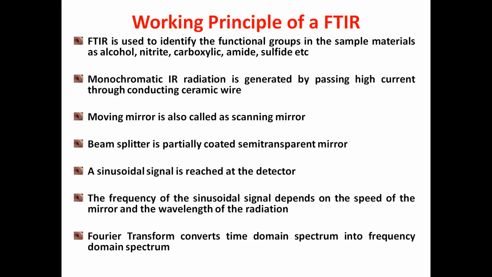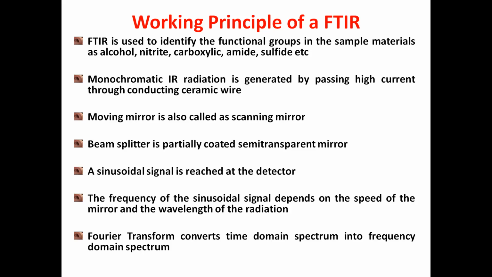Now, the working principle of FTIR. FTIR is used to identify the functional group in the sample material, as I have already mentioned, such as alcohol, nitrile, carboxylic, amide, sulfide, etc. Monochromatic IR radiation is generated by passing high current through a conducting ceramic wire. So this is a kind of energy source. The moving mirror is also called the scanning mirror.